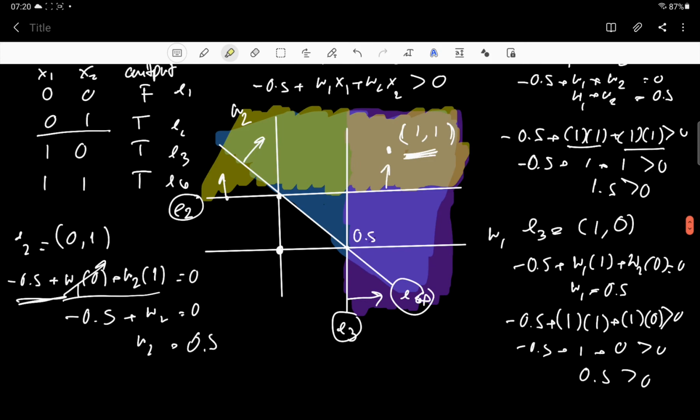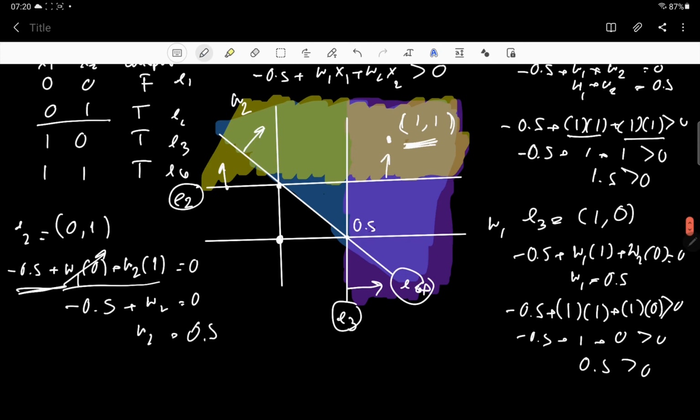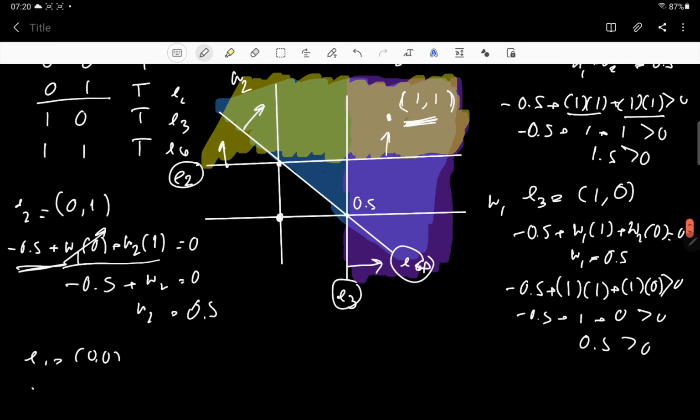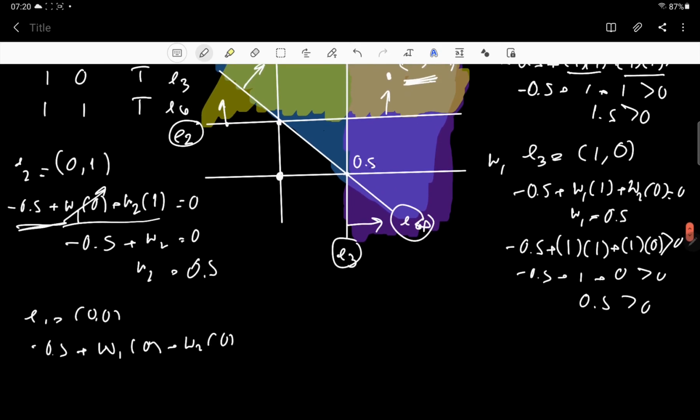And for the last one, E1, that is 0 and 0. Our equation will be minus 0.5 plus W1 times 0 plus W2 times 0. It must be less than 0. So this one is minus 0.5, greater than 0 or not?